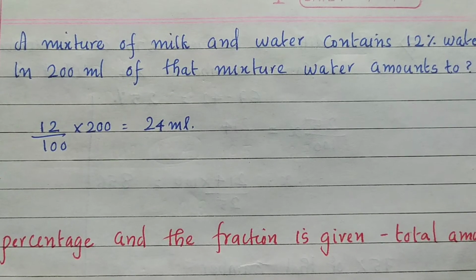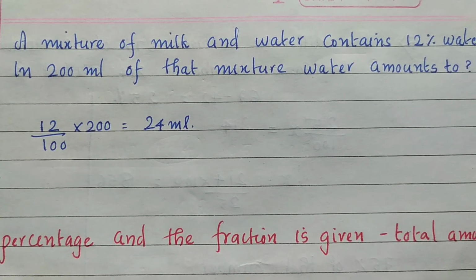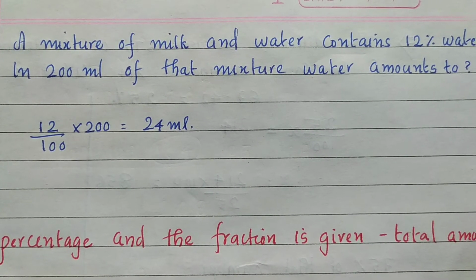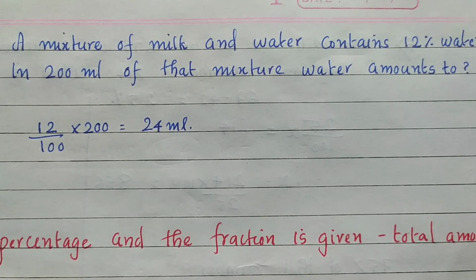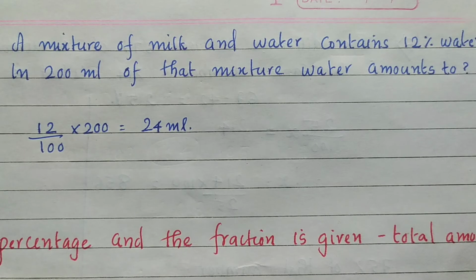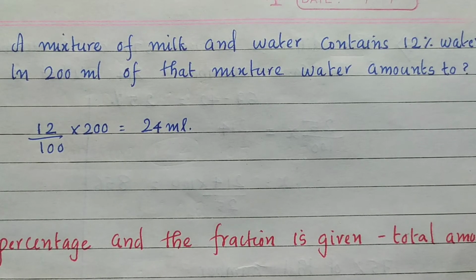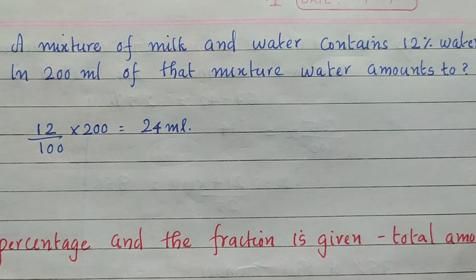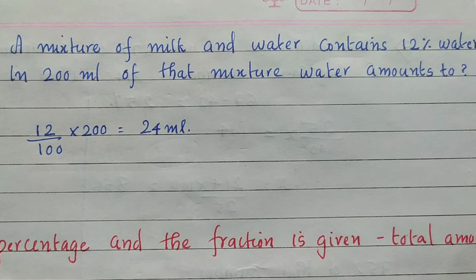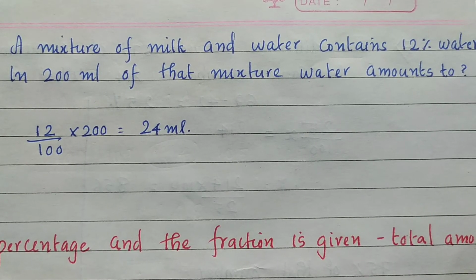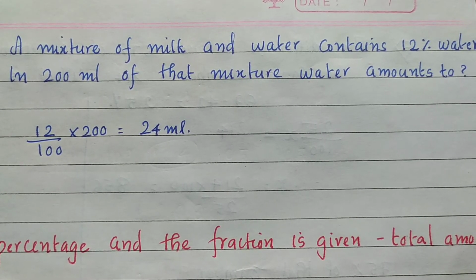So let us consider another question to convert percentage into original fraction. A mixture of milk and water contains 12% water. In 200 milliliter of that mixture, water amounts to. So there is a mixture containing milk and water. We are given the percentage of water in that mixture, that is 12.